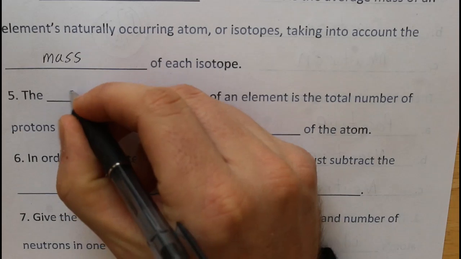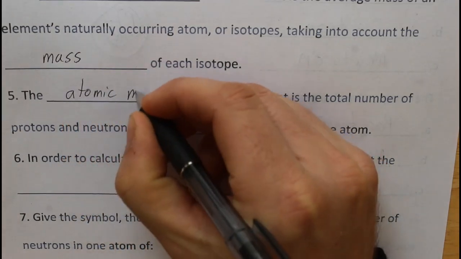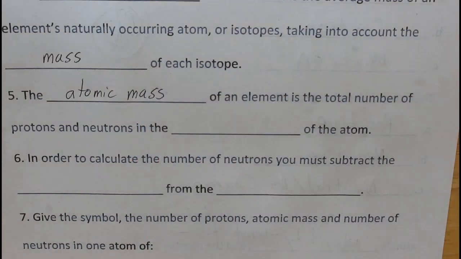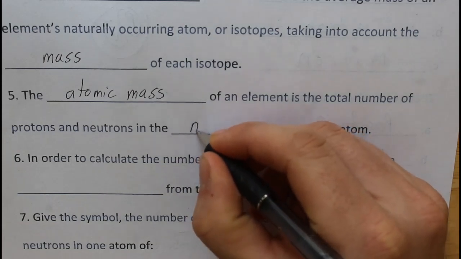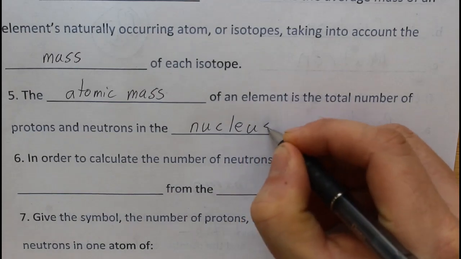So the atomic mass, how do we find it? The atomic mass of an element is the total number of protons and neutrons in the nucleus of the atom. So remember, those two things hang out in the nucleus, the center of the atom.